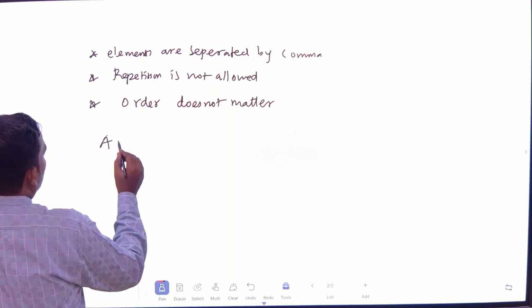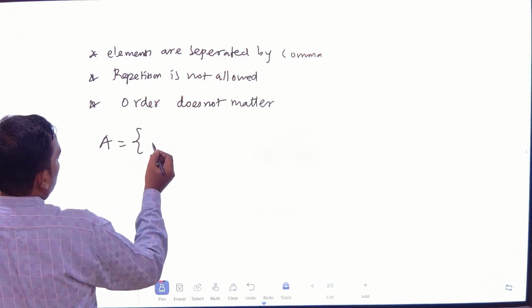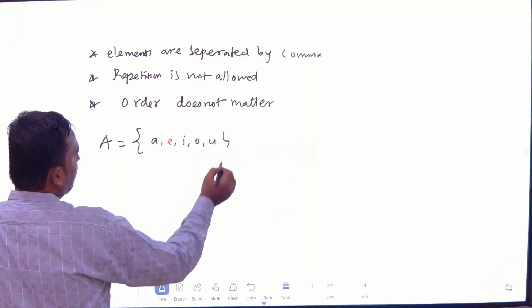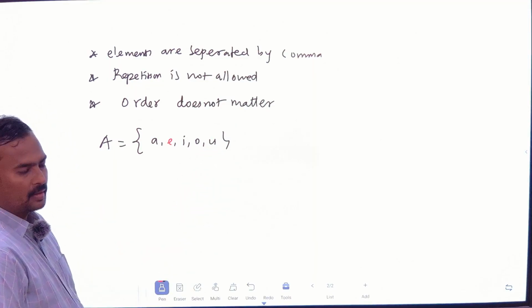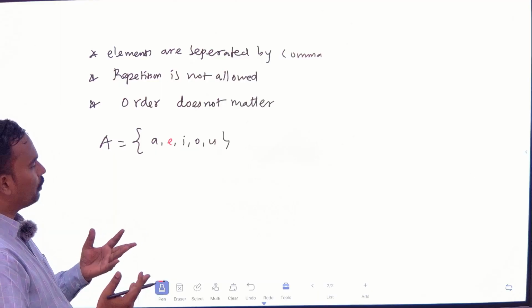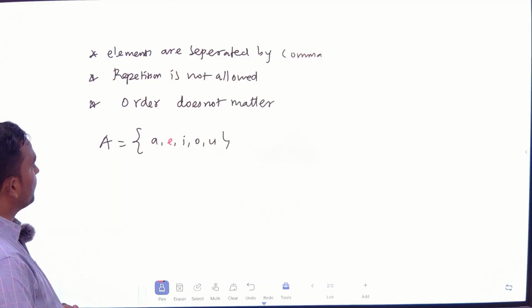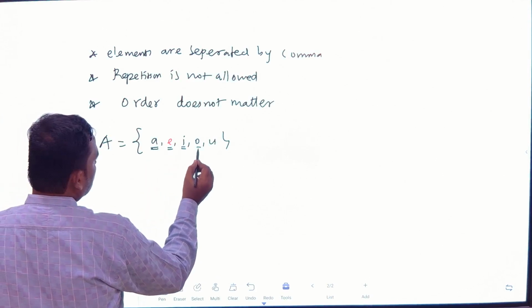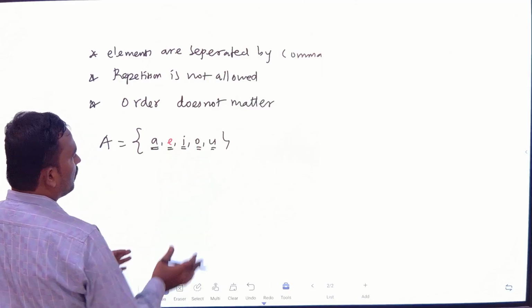Let's take one example. Let A be equal to a, e, i, o, u. This is the collection of all the vowels in the English language, five vowels. You can see the elements are separated by commas, written within the curly braces.